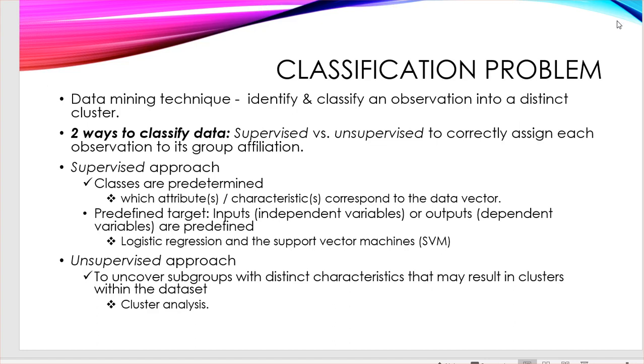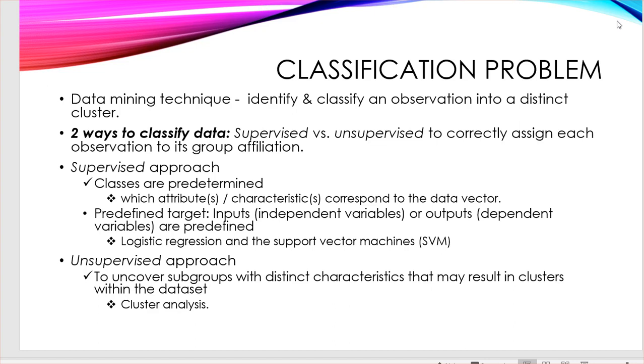And when we use the unsupervised approach to classify data, we essentially try to uncover the subgroups with distinct attributes or distinct characteristics that can result in different clusters within the same data set.